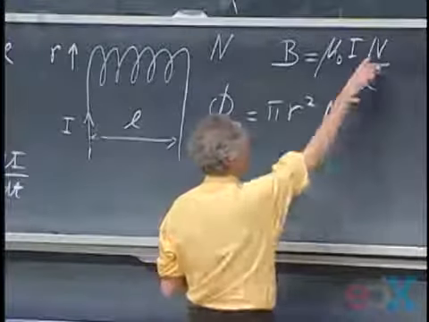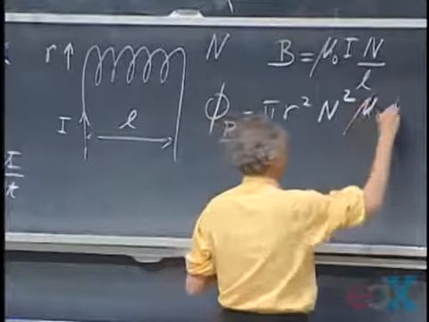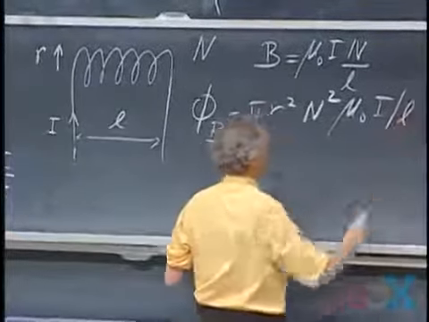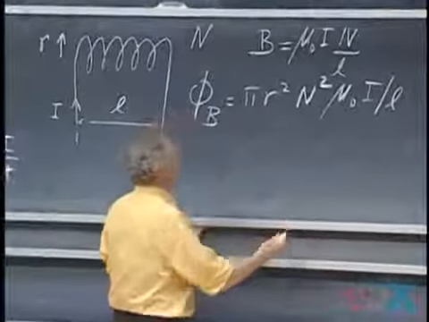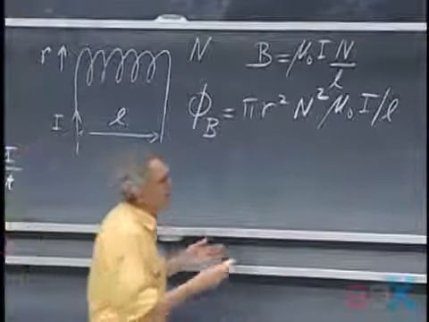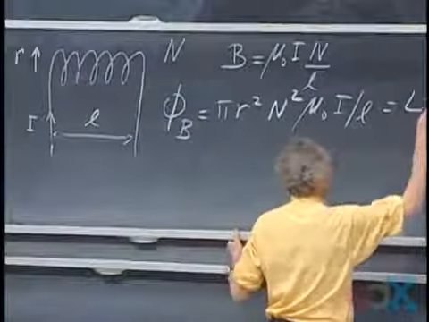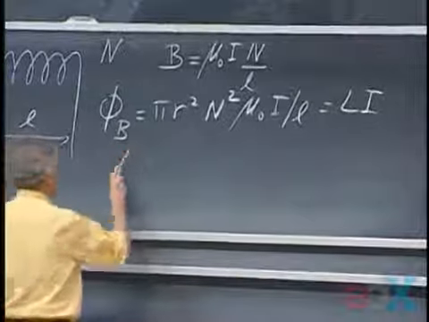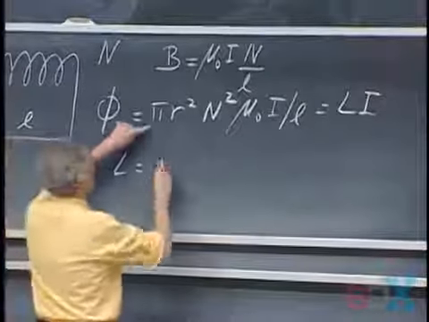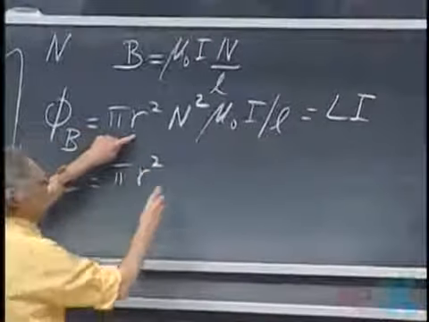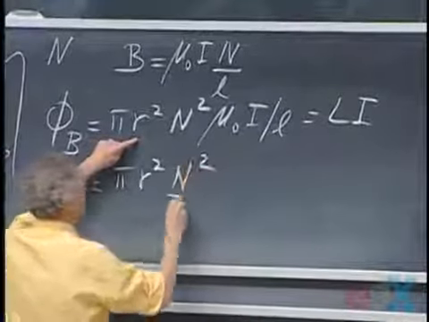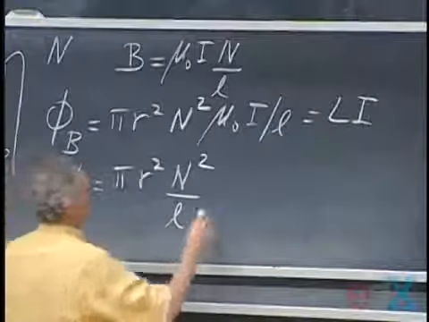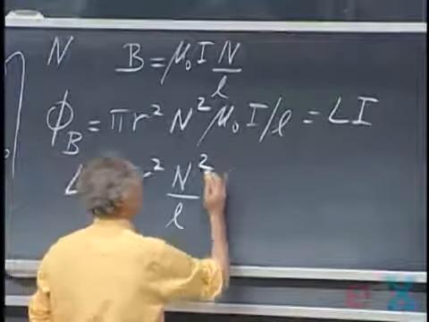So we get an N squared, because we have an N here, mu zero I divided by l. And this we call L times I. That's our definition for self-inductance. And so the self-inductance L is purely geometry. It's pi little r squared, capital N squared, divided by l times mu zero.